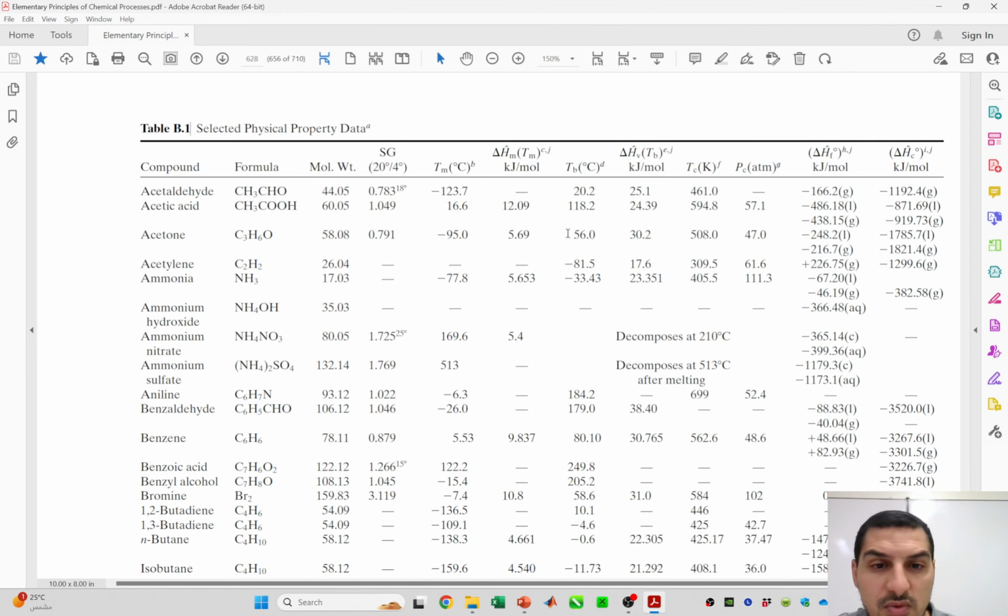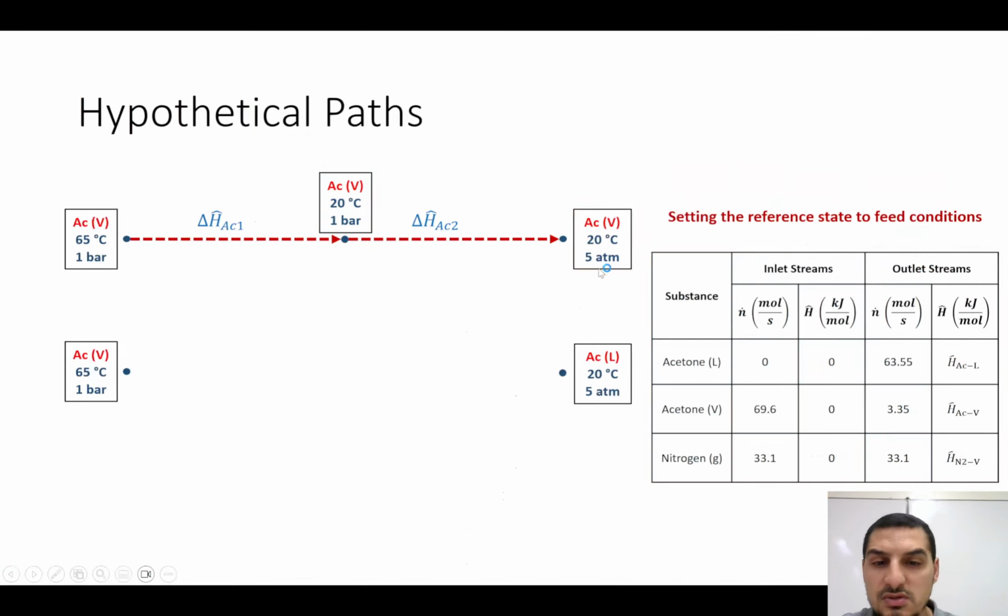So this is acetone, the boiling point is 56. So it's neither 65 nor 20, so we have to go from 65 to 56, and then the latent heat of vaporization, and then do the rest of the steps.